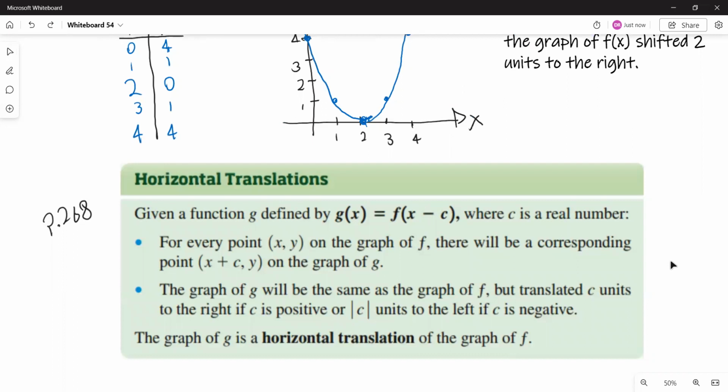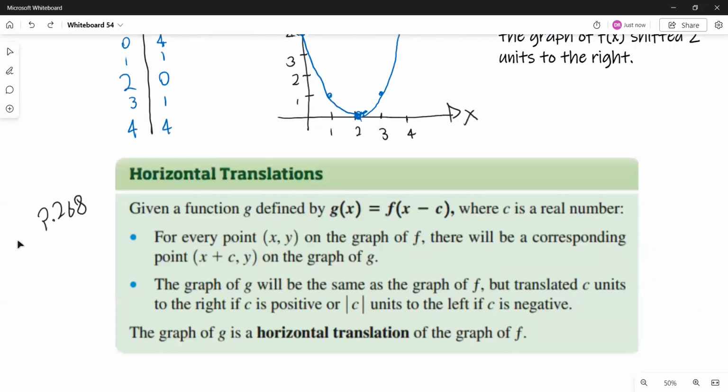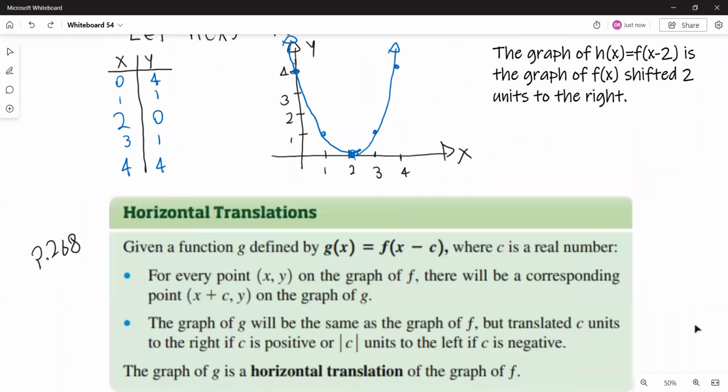If c is positive, the graph will shift c units to the right, like the one we did. We have f of x minus 2, so minus 2 means shift to the right. And the shift is going to be to the left if c is negative, so minus minus is plus.